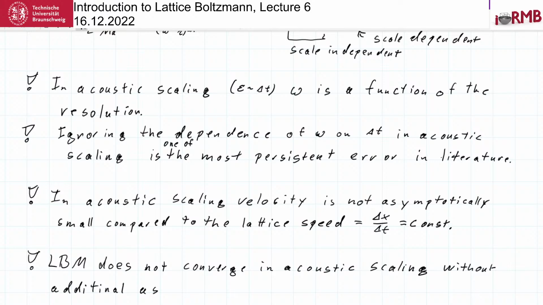This is very common. You could, for example, say, okay, we assume that our velocity is small anyway, and therefore we ignore all these remaining errors in velocity. And then, if we ignore this part of the error, the rest converges. This is possible, and this is actually usually what is done.